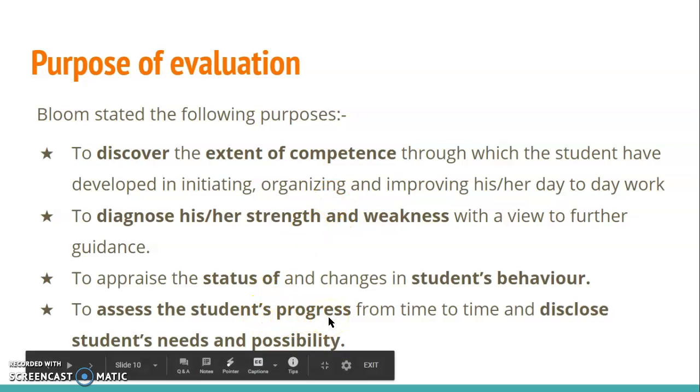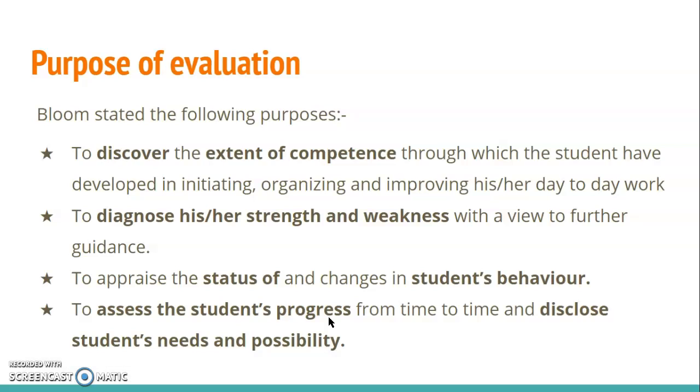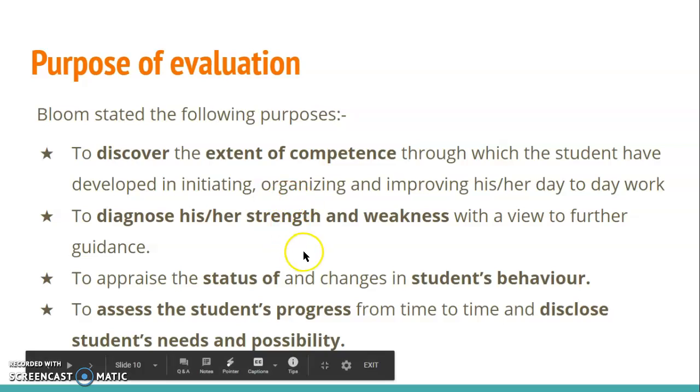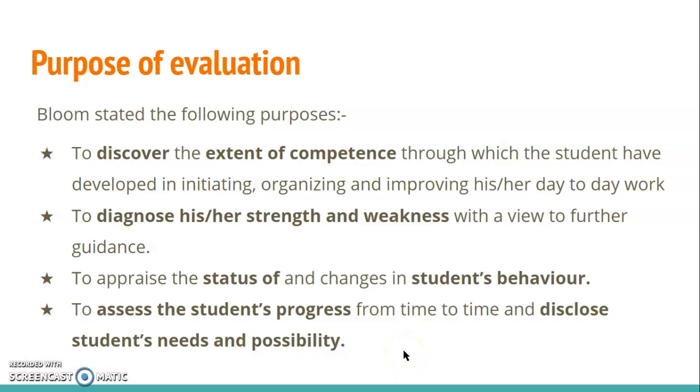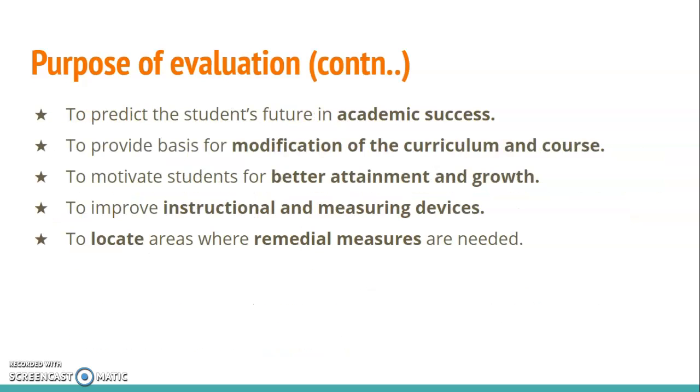Appraise the status of and the changes in the student's behavior. So you want to make out, is there any behavioral change happening in the student from one part to another part. So you need to evaluate the students. Assess the students' progress from time to time. Disclose students' needs and possibilities. So if you want to assess the students' progress and disclose students' needs and possibilities, evaluation is necessary.